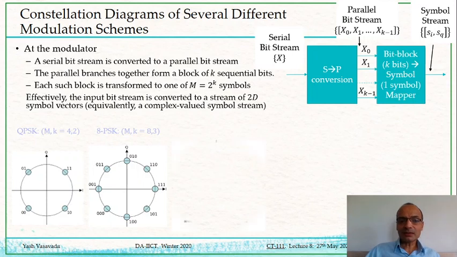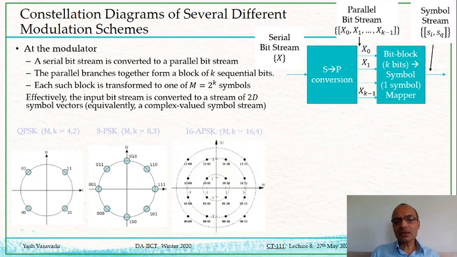After 8 PSK, let us consider something called 16-array APSK, where APSK stands for amplitude and phase shift keying. Remember, PSK has only one circle.